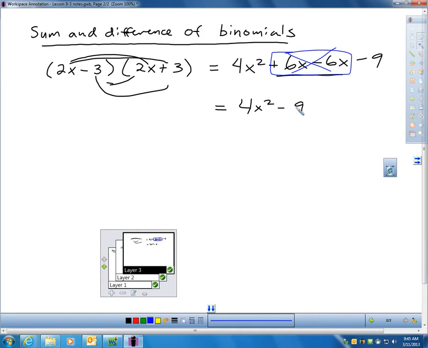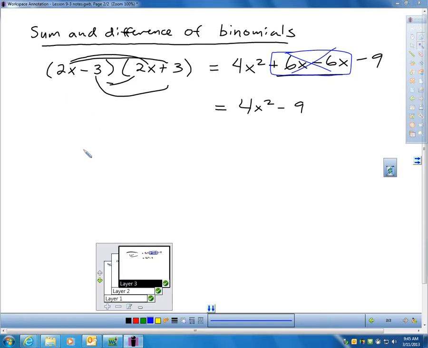Now, there is a shortcut to sum and differences of binomials, and let me show you the shortcut for the same problem. And this is something I've done for a long time. I notice that when I have a sum and difference of binomials, there is a shortcut. Here's all you have to do. Do you notice how the middle terms just canceled out?